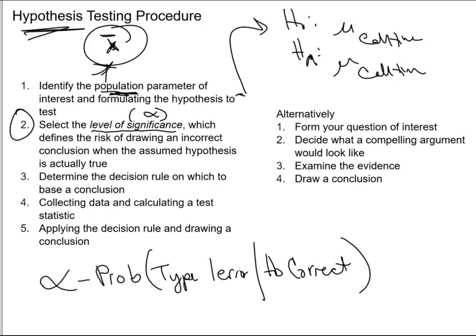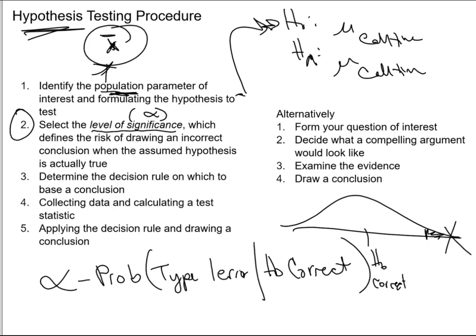So whatever we have in our null hypothesis, if that were correct, there's a certain probability associated with the null being correct, but through statistical randomness, we observe a value that convinces us that that null is incorrect. That would be committing a type 1 error.